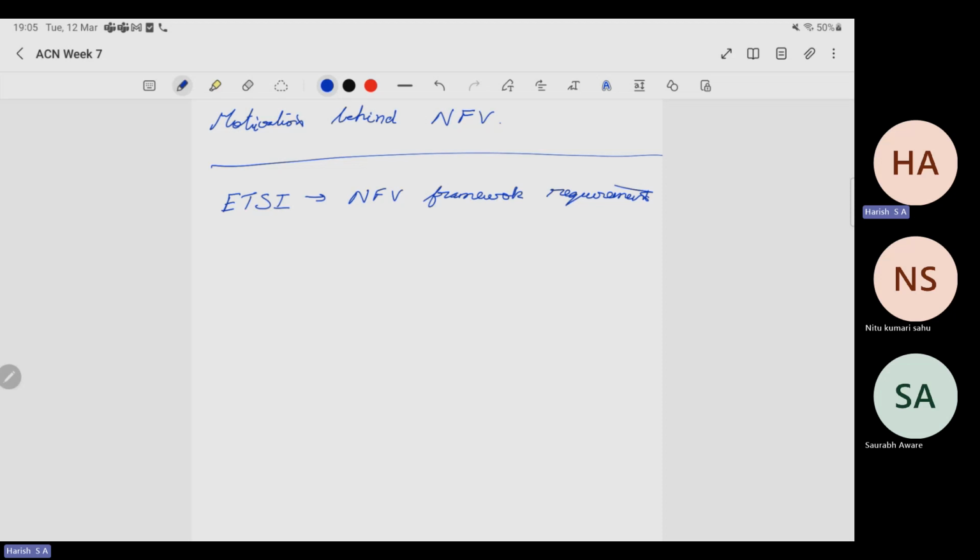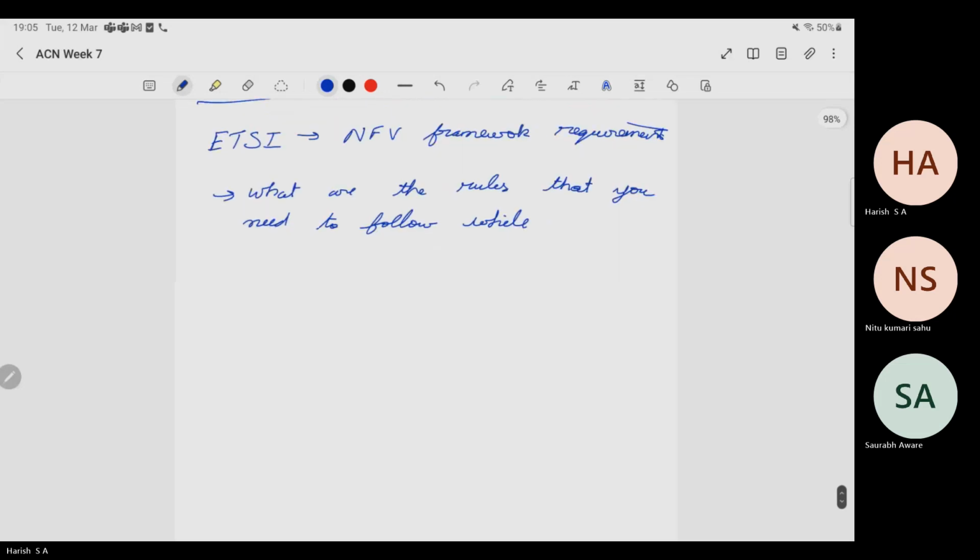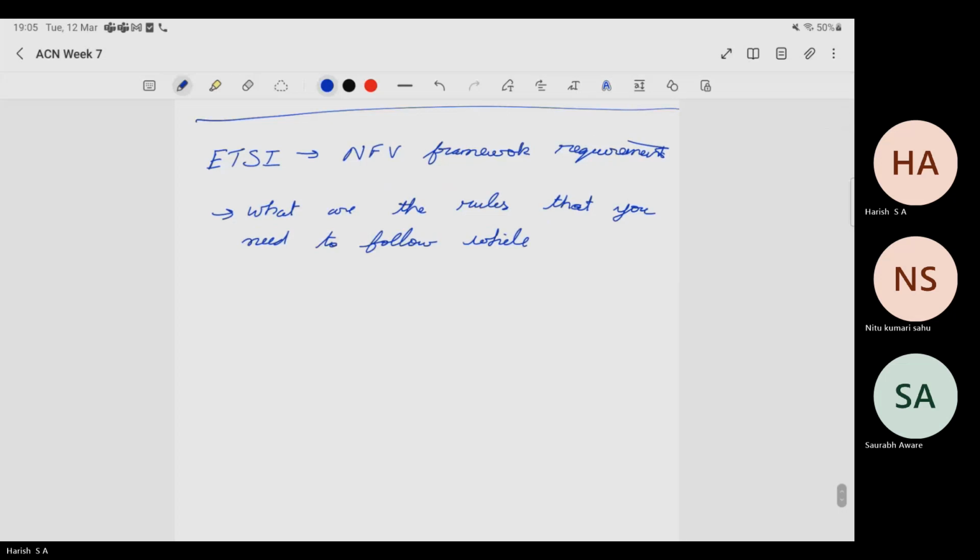So what are the rules that you need to follow while pursuing network function virtualization? What are the rules that you have to follow?